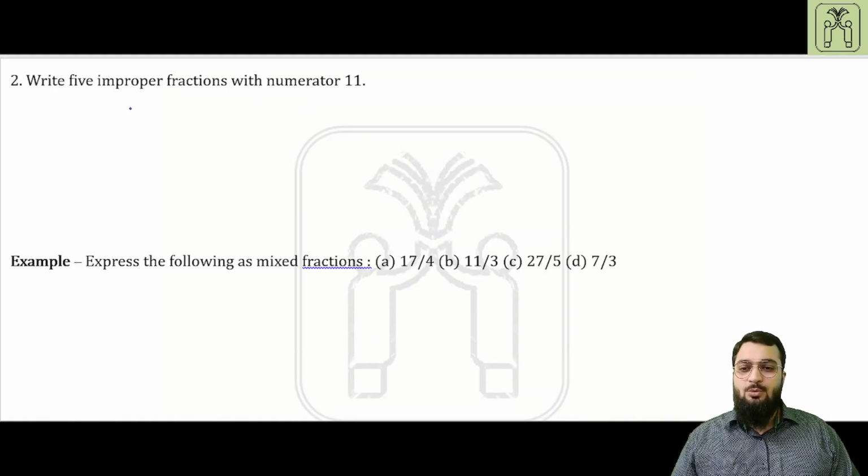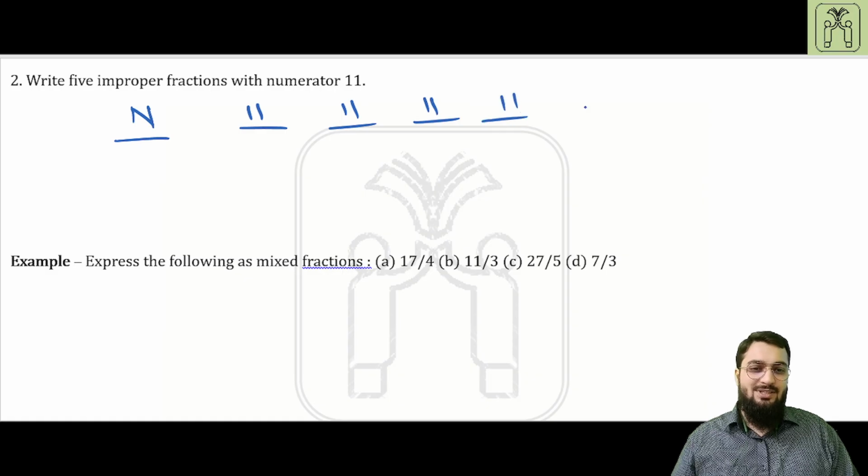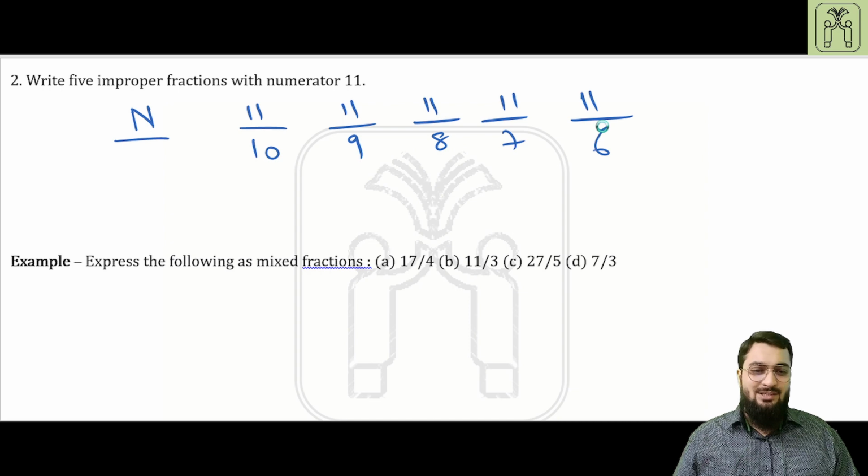The numerator will always be 11, so I'll write 11, 11, 11, 11, 11. To make an improper fraction, we have to make the denominator less than that. So we'll write 11 upon 10, 11 upon 9, 11 upon 8, 11 upon 7, 11 upon 6.